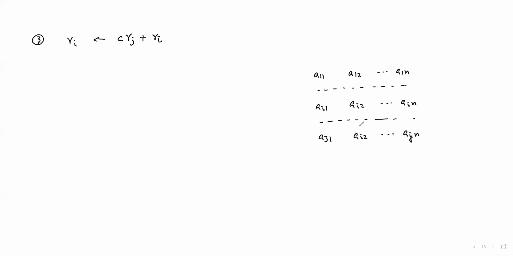Here I assume J is greater than I, but J can also be less than I. Then the last row AN1, AN2, ANN.